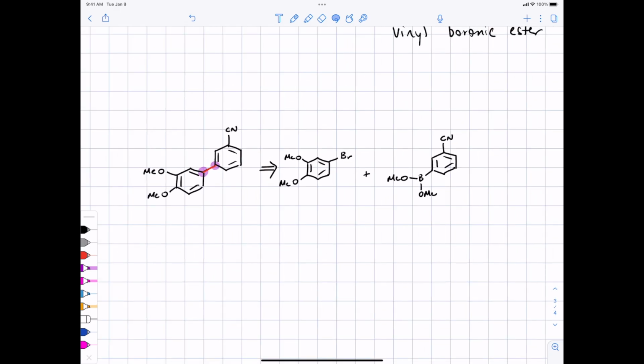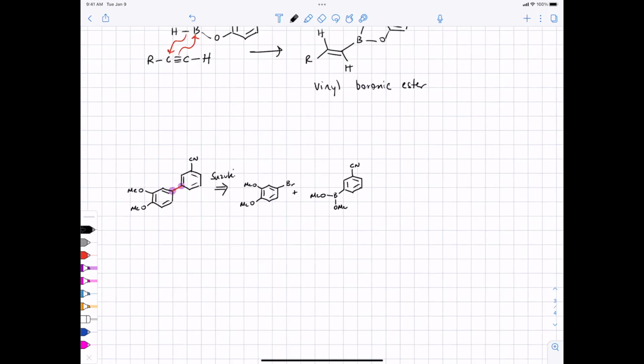And then, using Suzuki conditions, can you couple the boronic ester with the aryl halide? All right, so that's reaction number one.